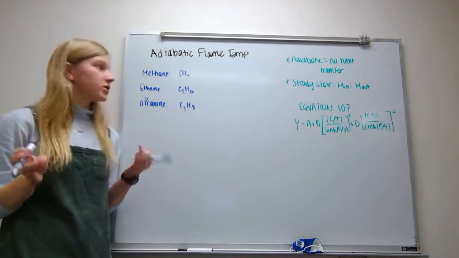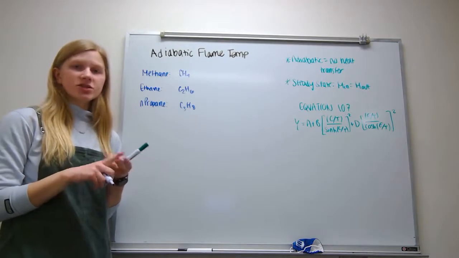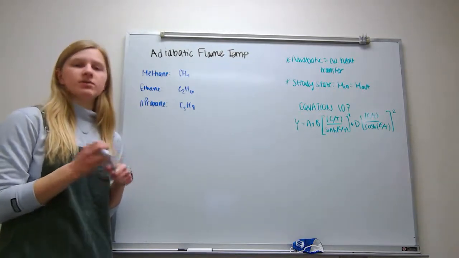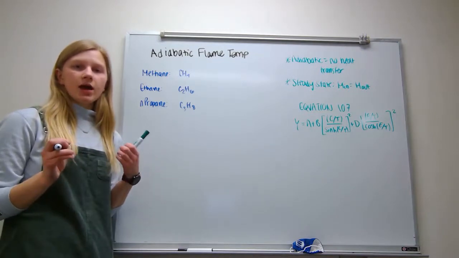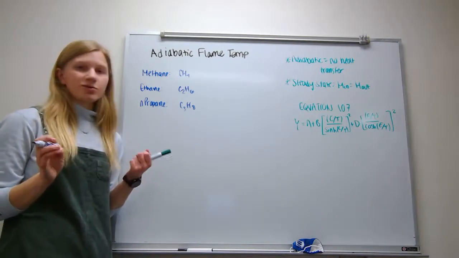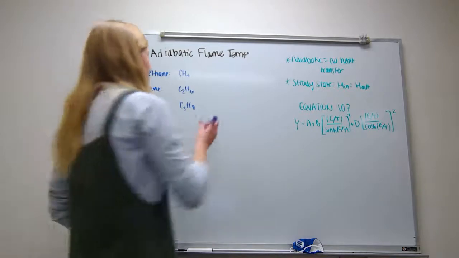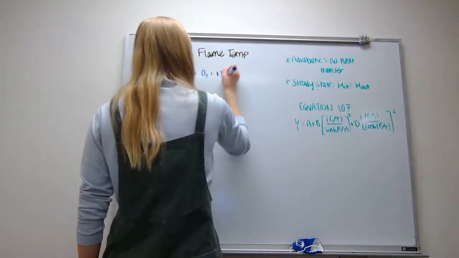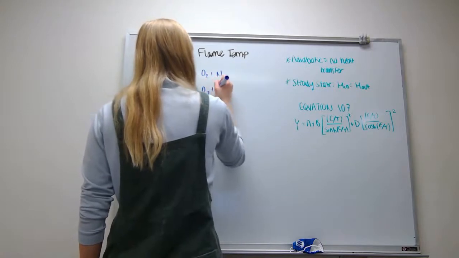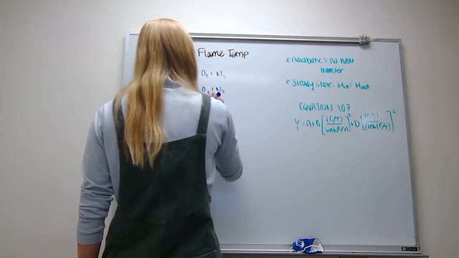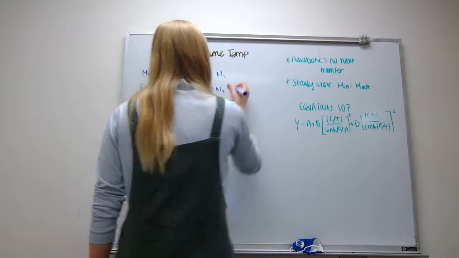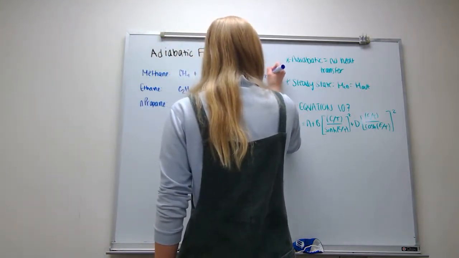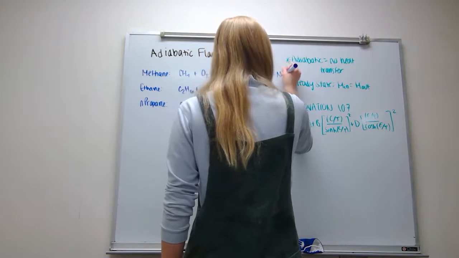We also note that we have oxygen and nitrogen from our air, and then the products are going to be carbon dioxide and water after reacting with the oxygen. So we're going to add O2, N2 to all of these, and we're going to get CO2, water, and our nitrogen.